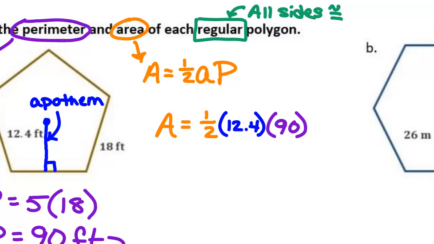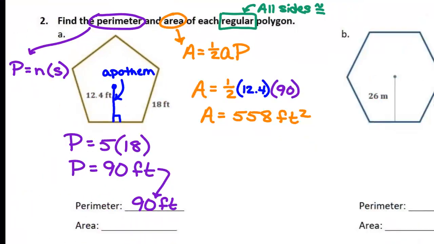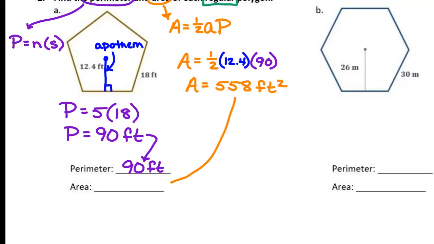What is 1/2 times 12.4 times 90? 558. This is area, so it gets squared units. So 558 feet squared.